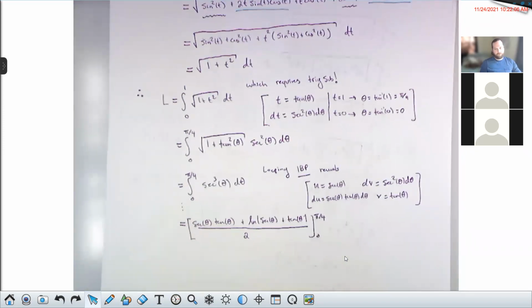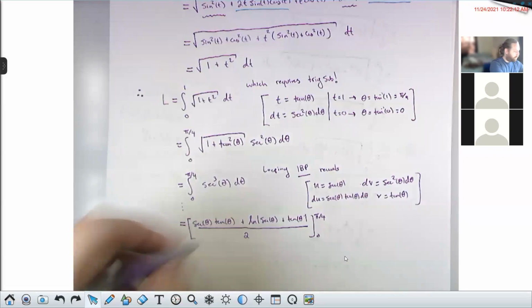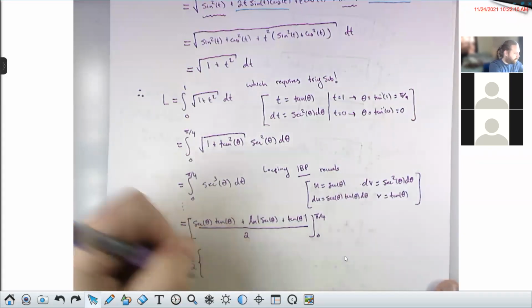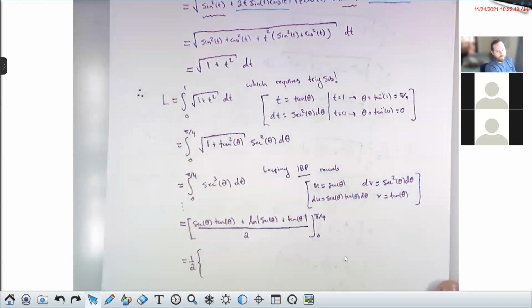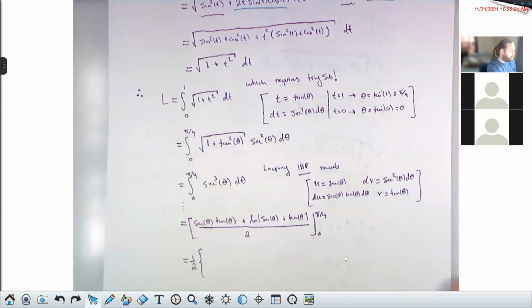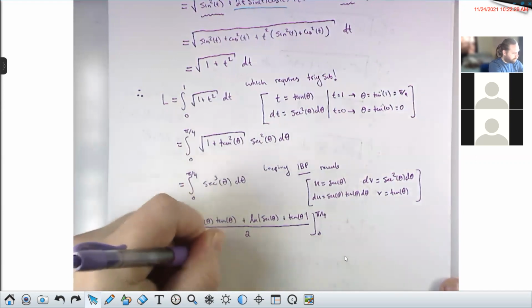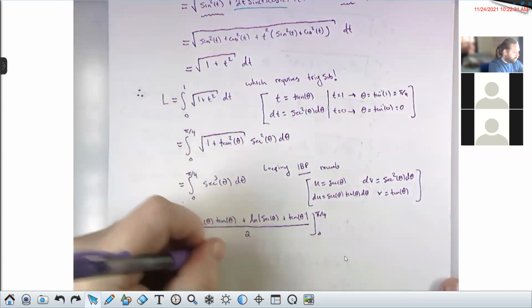Right, where you can say it's that thing times 1/2. So this is going to be 1/2, big curly brace. When I plug in pi over 4, the secant of pi over 4 is 2 over root 2, or just root 2. The tangent of pi over 4 is 1.